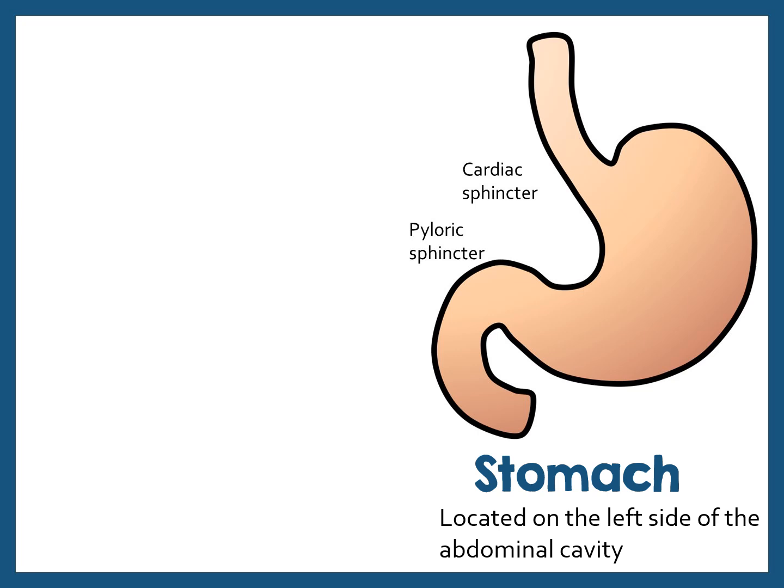So when it comes to the stomach, in the body, we're looking at the left side of the abdominal cavity, right? So we are in the upper left quadrant of the body.